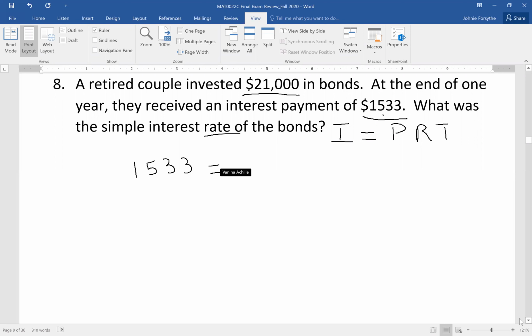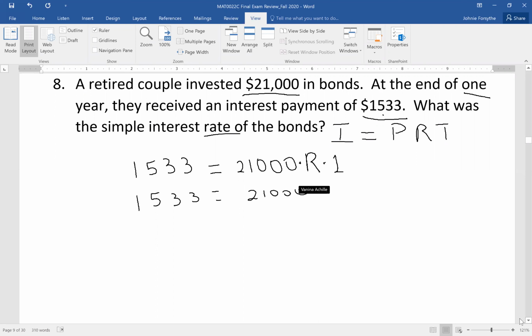And that's equal to the principal, which is 21,000, times the rate, which is what we are looking for. So I'm going to keep it as R. And it says at the end of 1 year, so that's times 1.